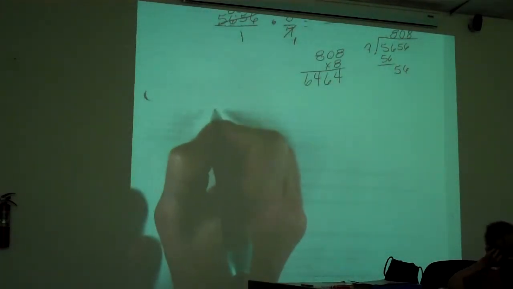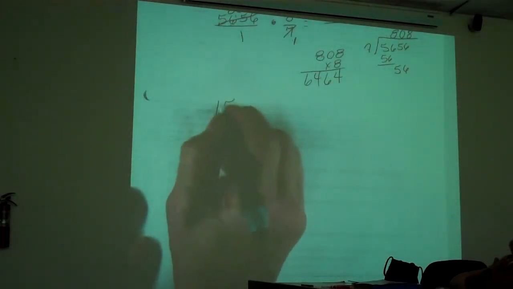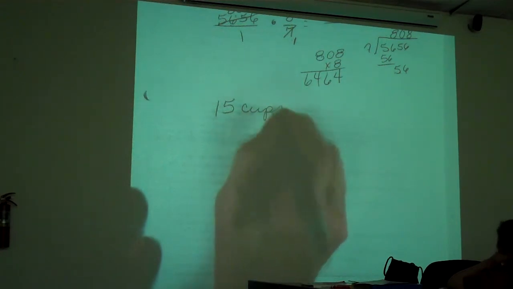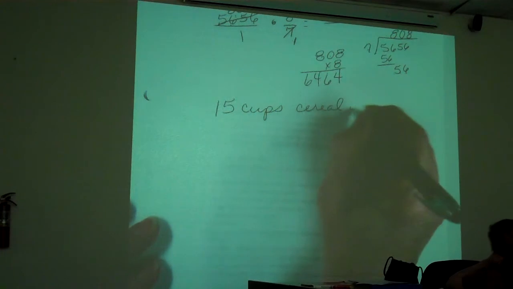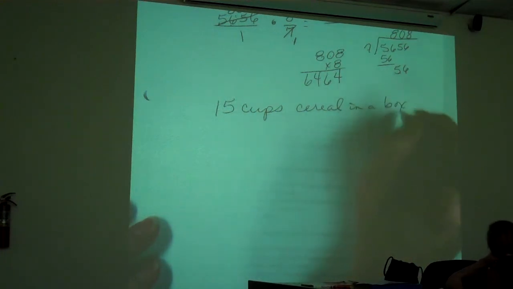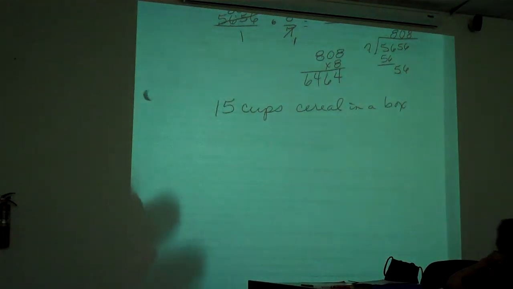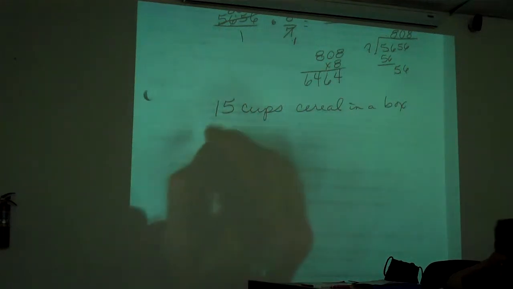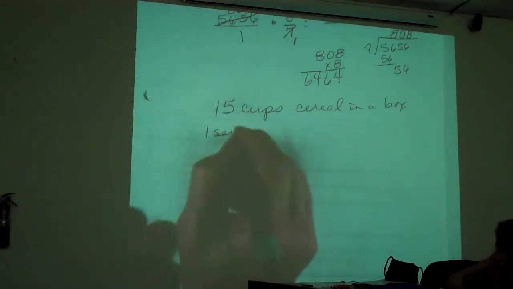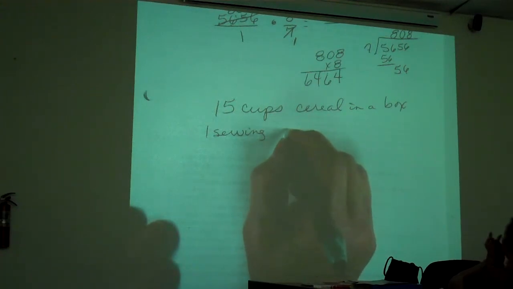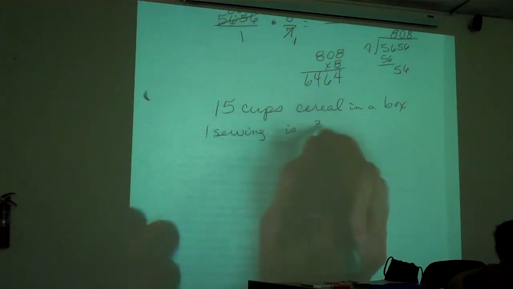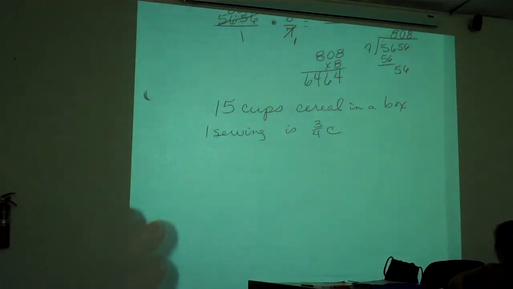Okay, let's use some smaller numbers. Let's say we have a box of cereal that contains 15 cups. Okay, we have 15 cups of cereal in a box. And let's say one serving is 3/4 of a cup.